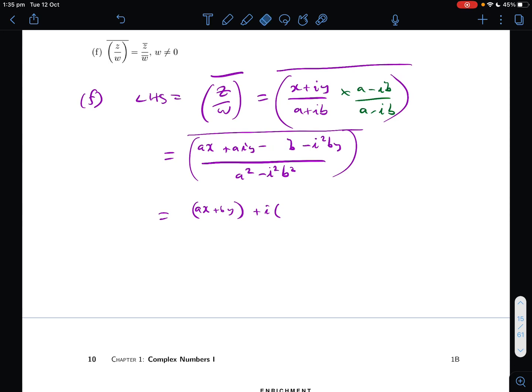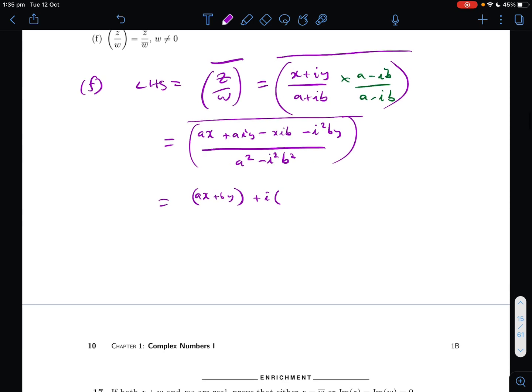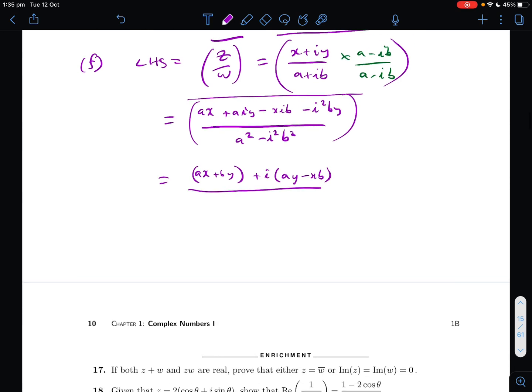Okay, I made a mistake here. This is not right. This is xib minus xib. So I knew I made a mistake in the middle. I saw it in the next line. Ay minus xb all over a squared plus b squared.